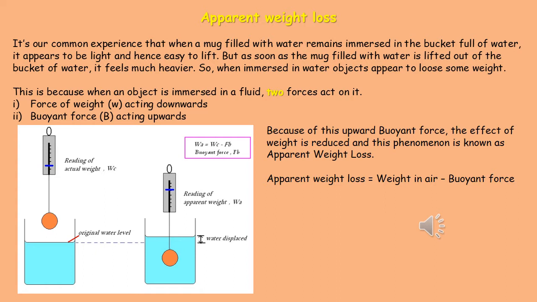These are the two forces acting in opposite directions. Because of this upward buoyant force, the effect of weight is reduced, and this phenomenon is known as apparent weight loss. Now, how can we measure apparent weight loss? It is equal to the weight of the object in air minus the buoyant force.